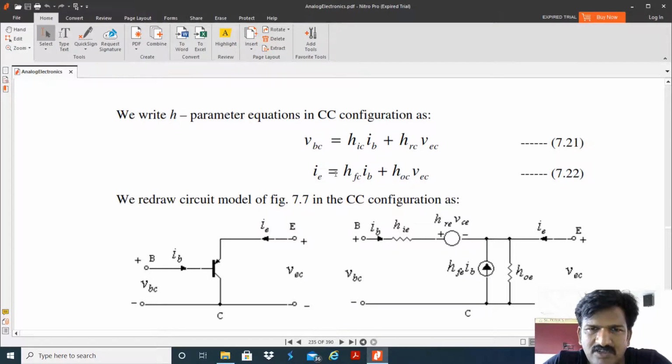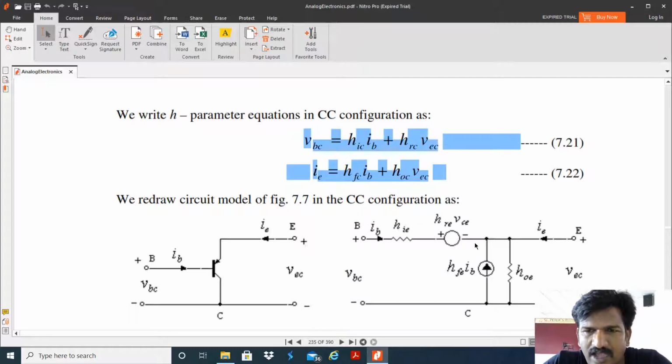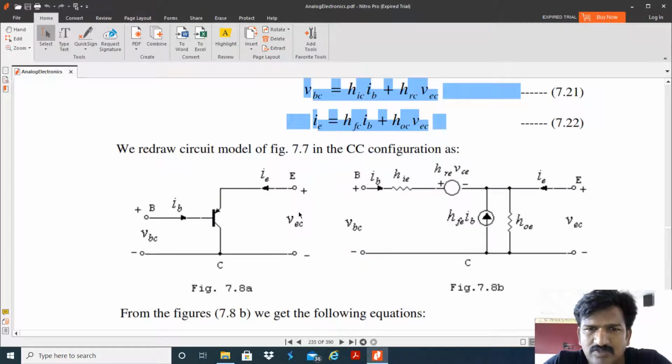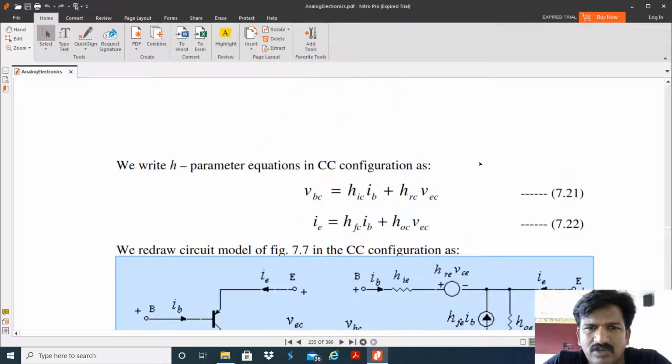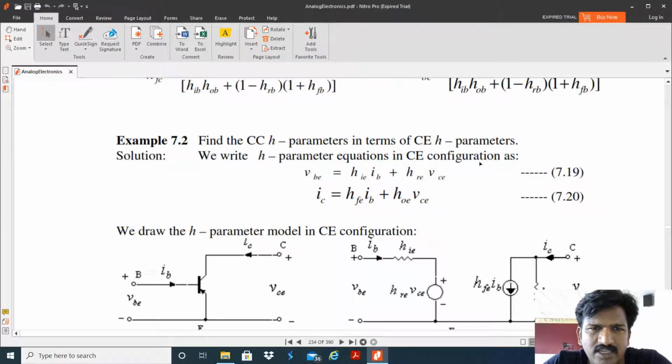By using this you have written these h parameters, and you have to redraw the circuit model in the CC configuration. Then we have the question: find the CC h parameters in terms of CE h parameters.